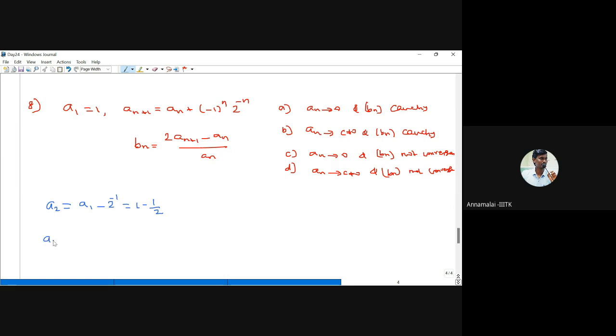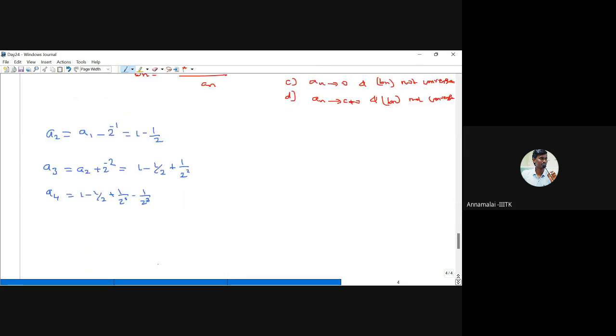Now what is a3? a3 is a2 plus, for n equal to 2, 2 power minus 2. Already we know that a2 is 1 minus 1 by 2, and 2 power minus 2 is 1 by 2 square. So directly we can write a4 as 1 minus 1 by 2 plus 1 by 2 square minus 1 by 2 cube.